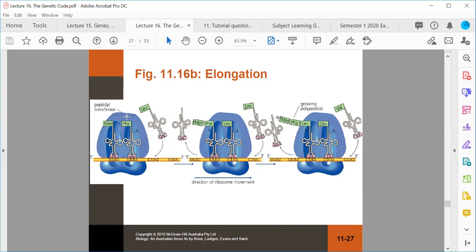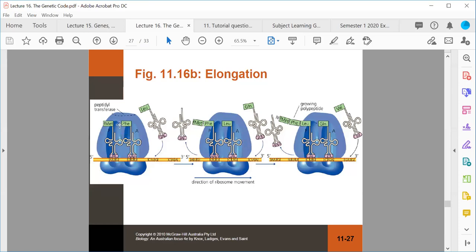That is rare, to have an enzyme that is actually an RNA molecule, but that's in fact what it is. This RNA component of the ribosome is an enzyme. It's called peptidyltransferase.